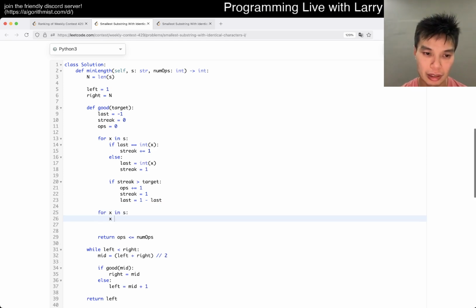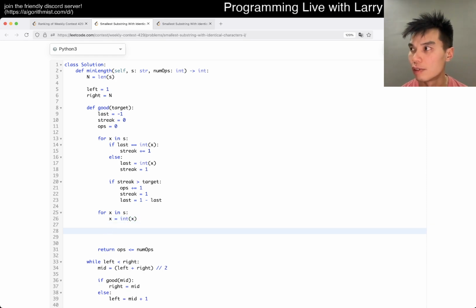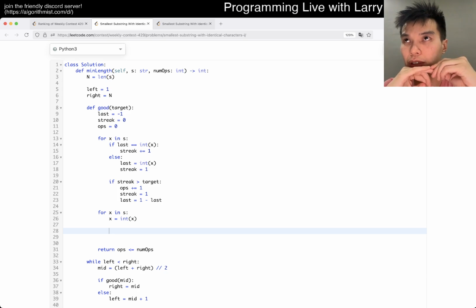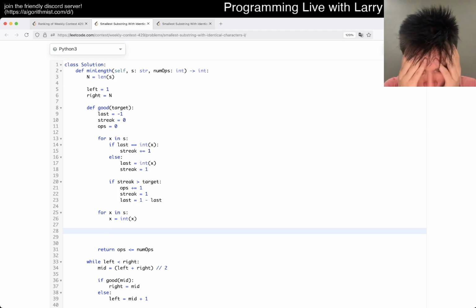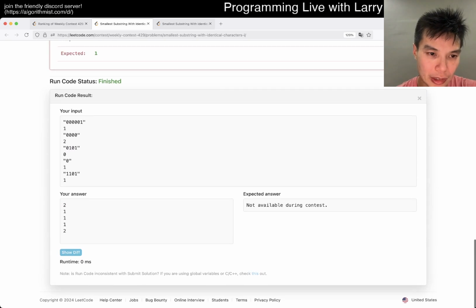So for X and S. Okay, so then now, yeah. How do I do it though? Because basically you want to move either on the, I mean, I think the binary search is the right idea. But what happens when you greedily take it to 0, right?